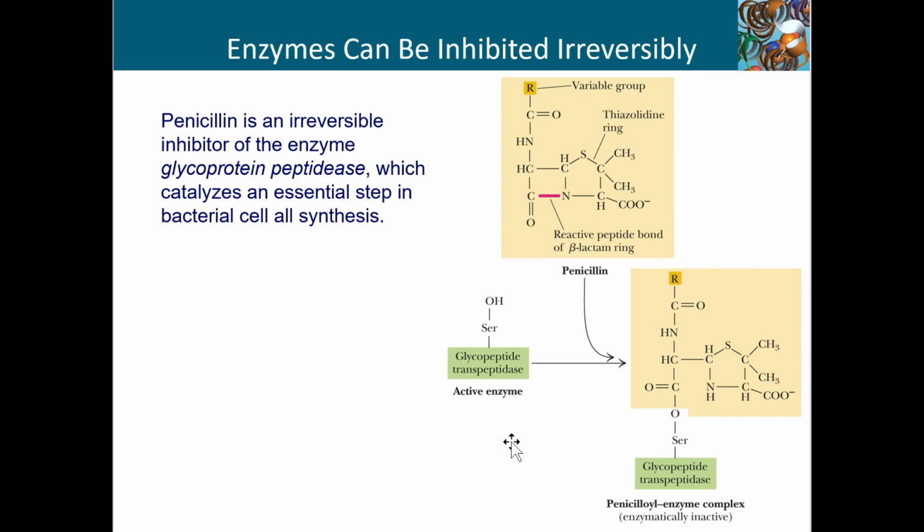Penicillin is an excellent example of a suicide inhibitor in which it interacts with the enzyme, causes a covalent change to the chemistry in the binding pocket, permanently modifies that enzyme to where it can no longer function, and it has to be broken down by the body and rebuilt from scratch. So, penicillin's a phenomenal drug because of that action. But this is a relatively low frequency event compared to our reversible inhibitors.